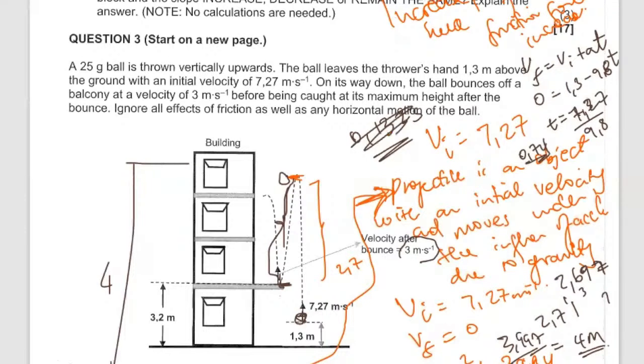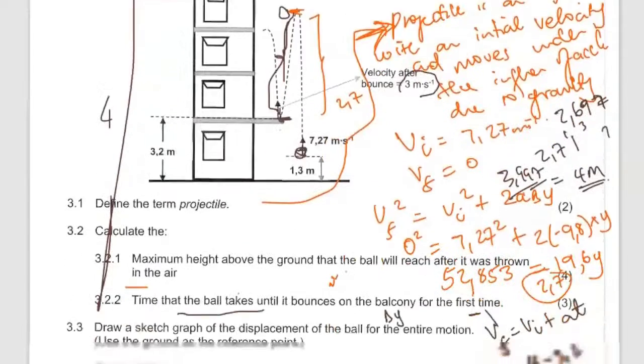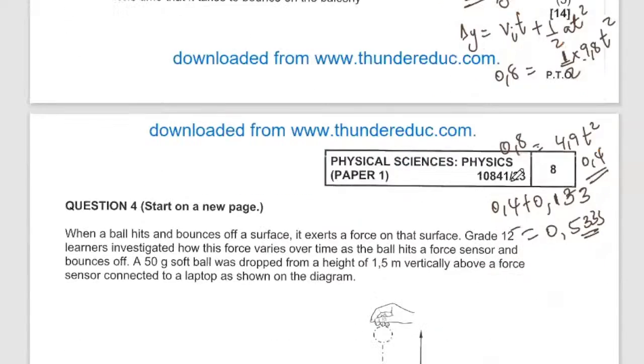So it has to be 0.74 plus the 0.4. That's 1.14. 1.14 seconds. Yeah.